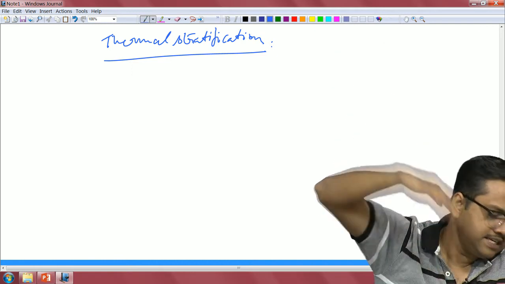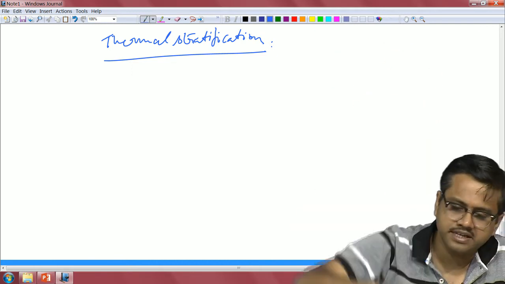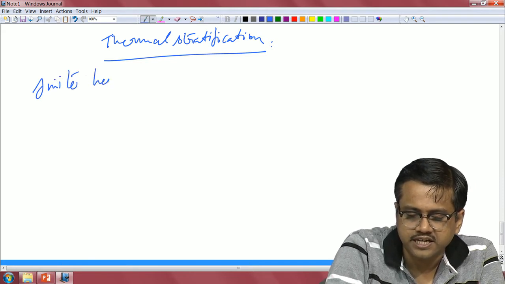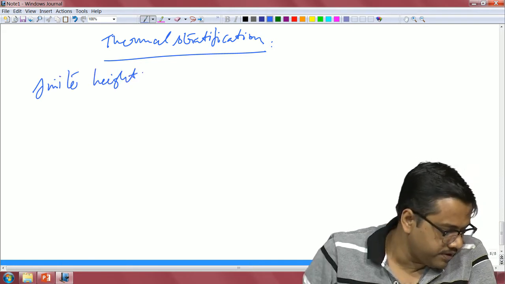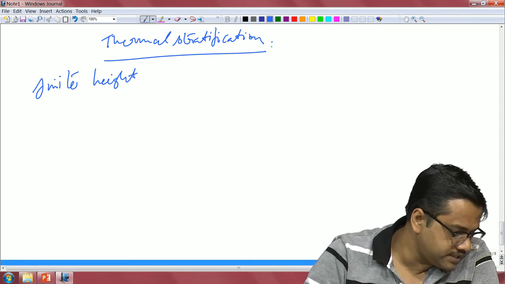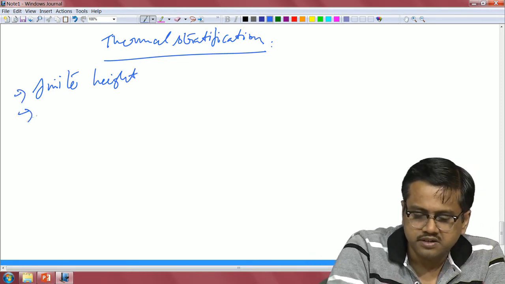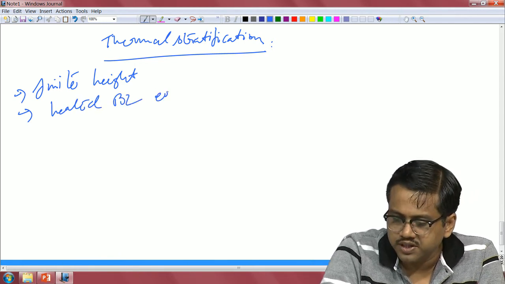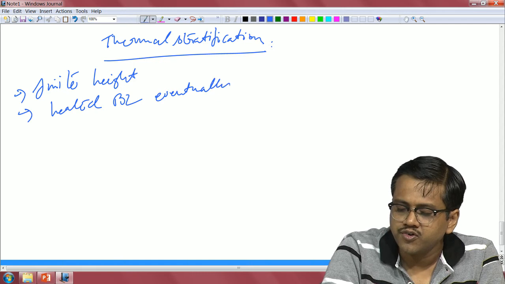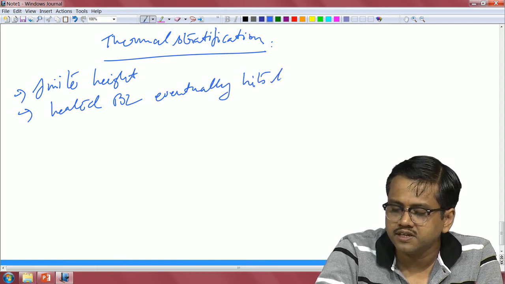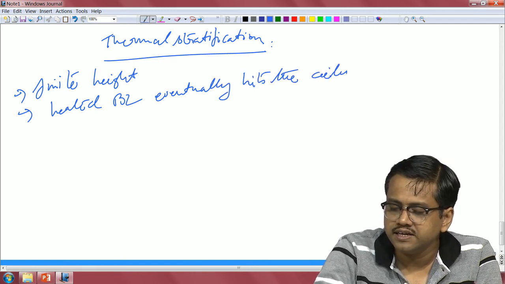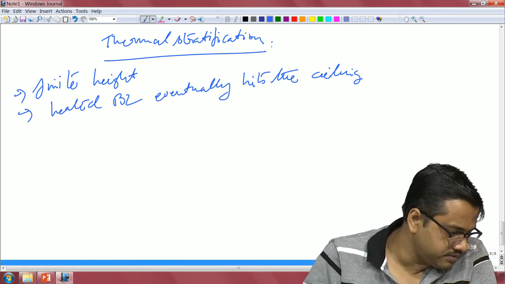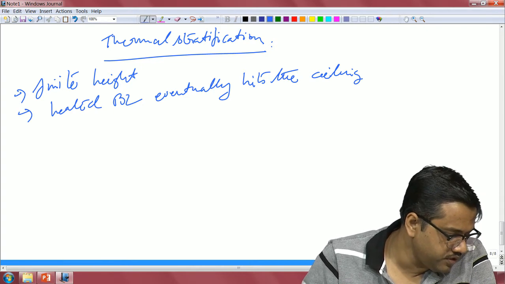That ceiling will pose a restriction, which means there is a finite height, and the heated boundary layer eventually hits the ceiling. It has to hit the ceiling.